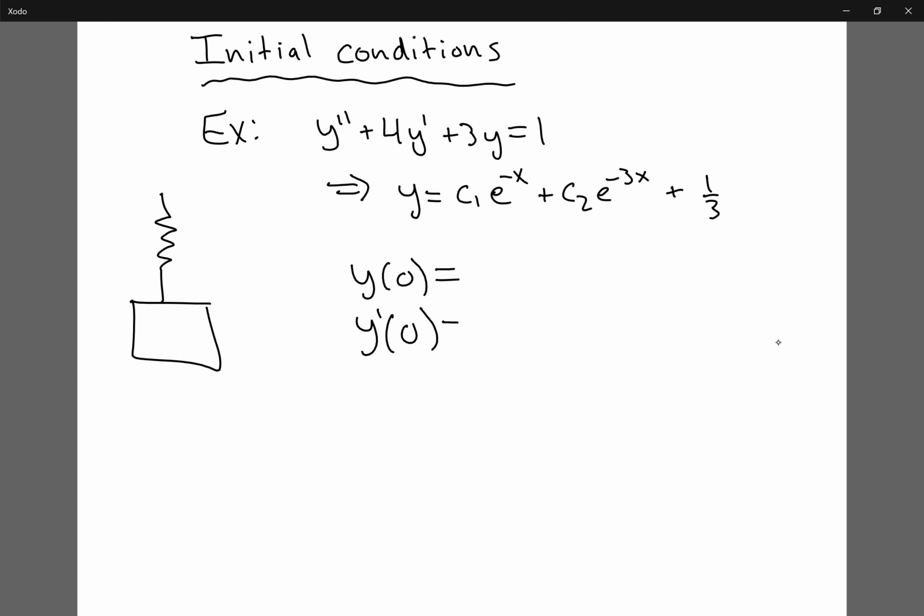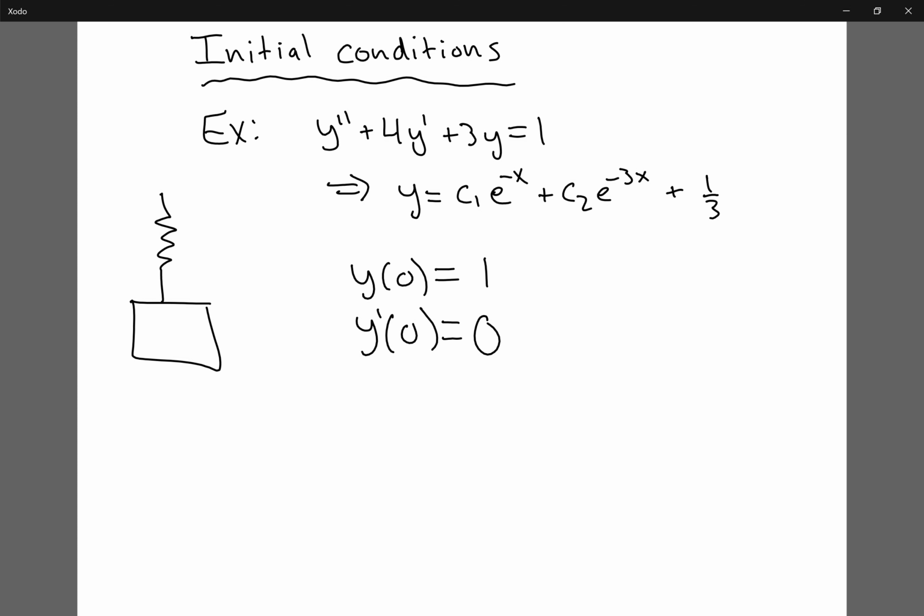So let me add to this problem a little bit. Let's suppose that we know that the initial position is y of 0 equals 1, and that the initial velocity, the rate of change, is 0. Let's see if we can now solve for the solution to that equation. The way to do that is simply plug the values of x and y that we've observed in and try to come up with a system of equations for the constants c1 and c2.